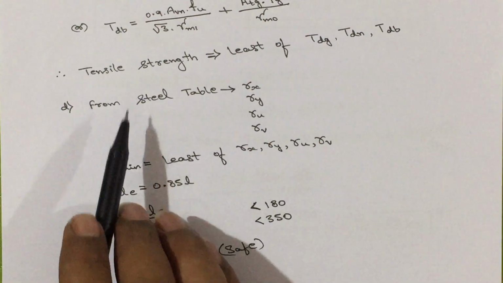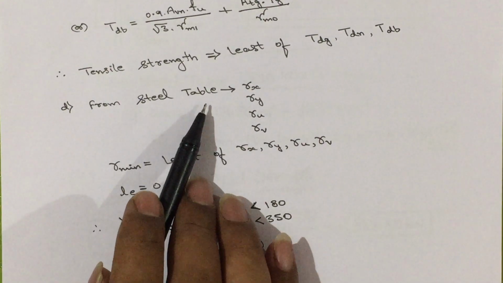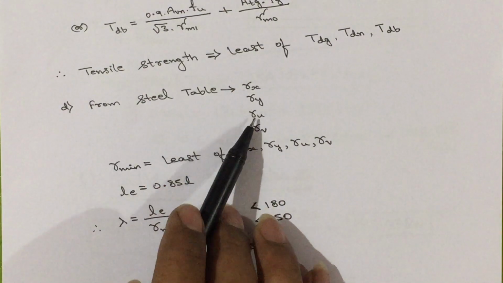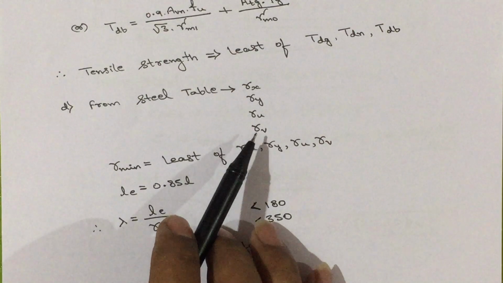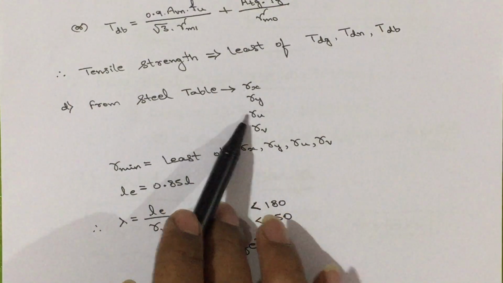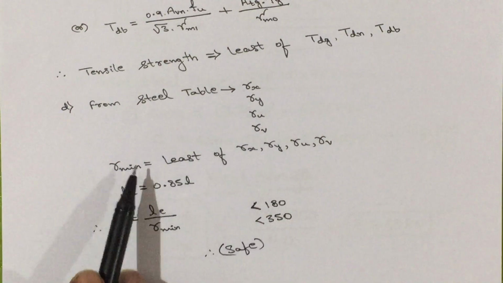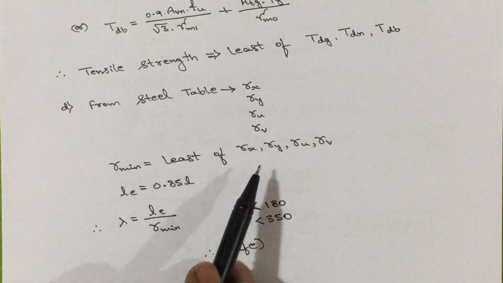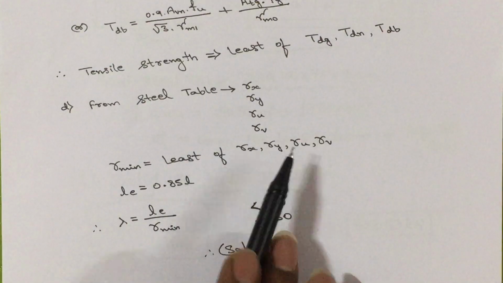For that, from the steel table, for the given section, again note down the values of Rx, Ry, Ru and Rv, or Rxx, Ryy, Ruu, Rvv. Therefore, minimum radius of gyration, that is R minimum, is equal to the least of these four values.